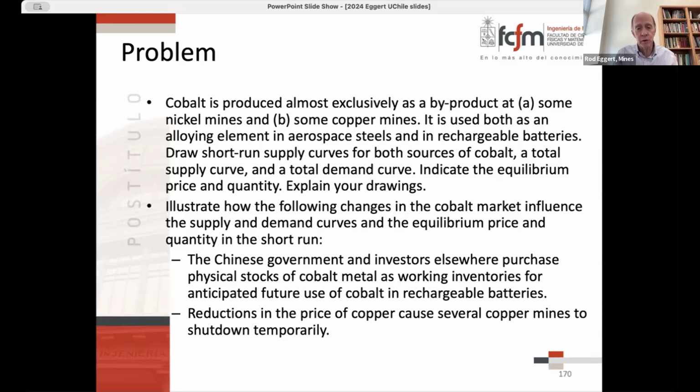Then after we draw the initial curves, the bottom part of this problem asks how supply and demand curves, and price and quantity, would change if certain things happen. But let's first talk about the initial situation.